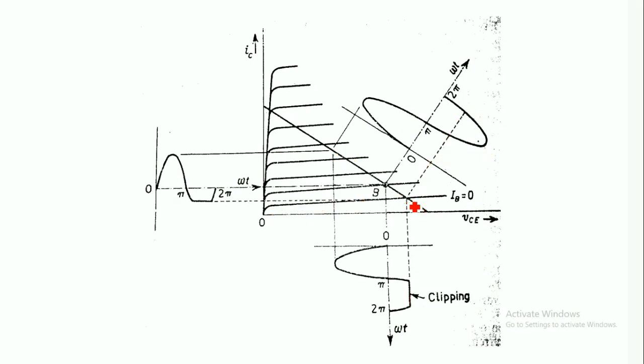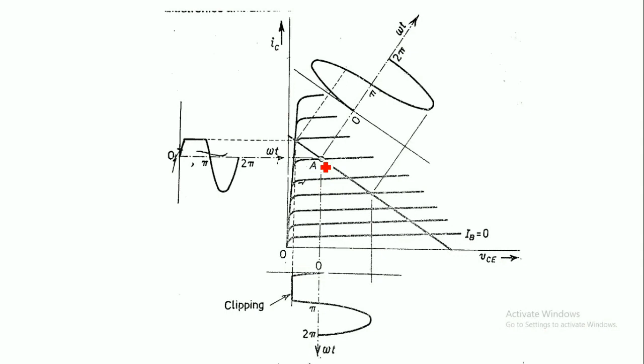Next, if the operating point is selected nearer to the saturation region, then for a given sinusoidal input at the base of the transistor, the operating point will oscillate like this, according to the given input.